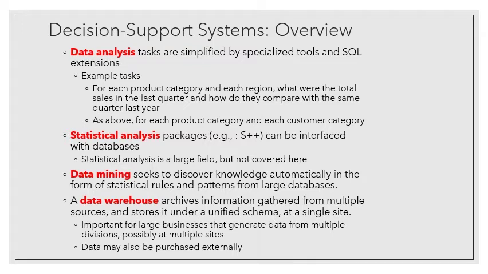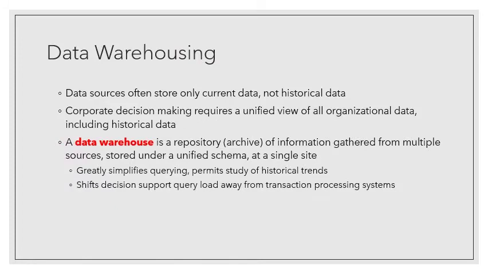Now let's see what data warehousing is. Data sources often store only current data, not historical data. Corporate decision making requires a unified view of all organizational data, including historical data. A data warehouse is a repository or an archive of information gathered from multiple sources, stored under a unified schema at a single site.